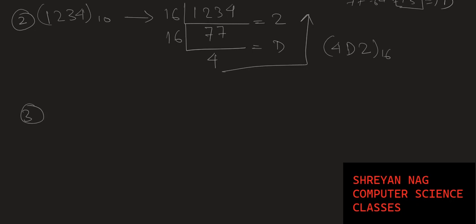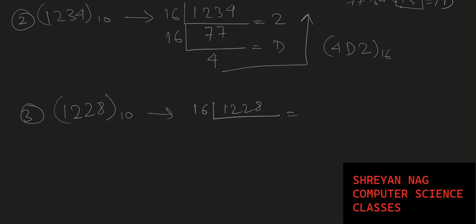Let us take another example to be clearer. 1228. So let us write 16 into 1228.